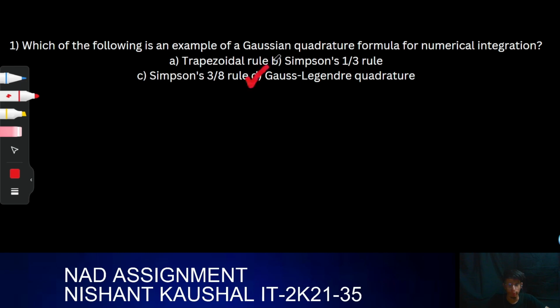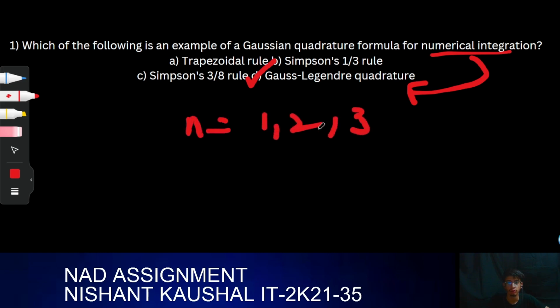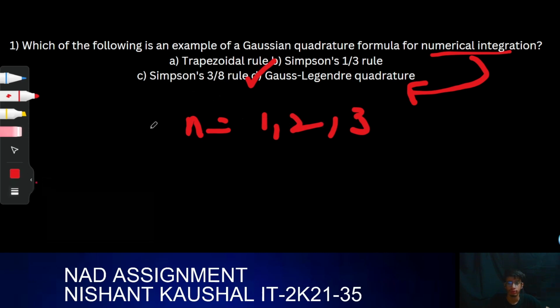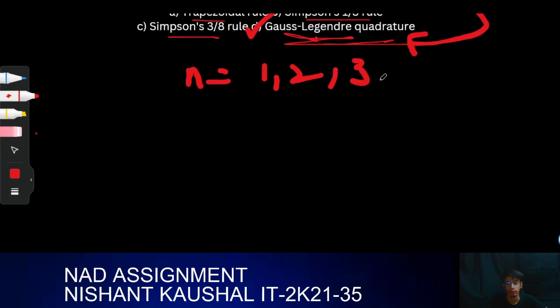So its answer will be D, because from numerical integration we derive this formula first, and by putting the value of n equals 1, 2, 3, we find the trapezoidal formula, Simpson one-third rule, and Simpson 3/8 rule from the Gauss-Legendre quadrature formula, right?